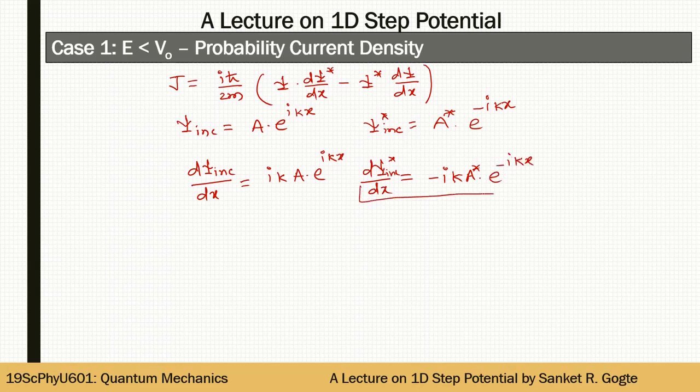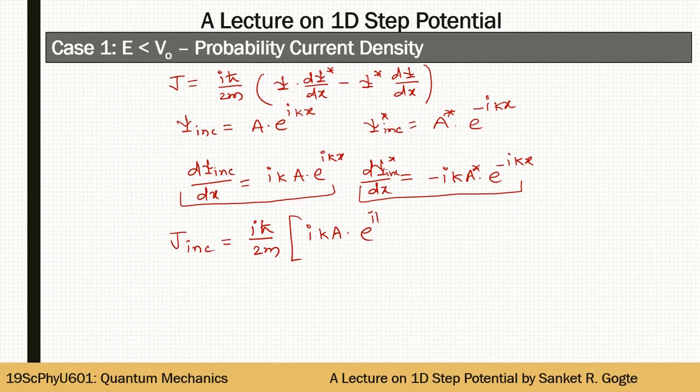So we have d psi star by dx and d psi by dx to calculate the probability current density for the incident particle.